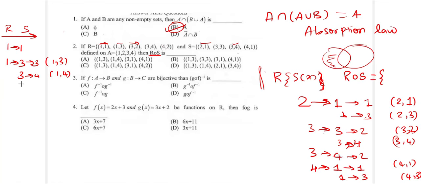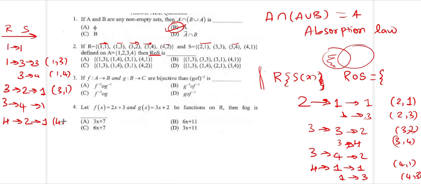Next moving, 3 is mapped with 2, 2 is mapped with 1. So 3 comma 1 is one combination. Next 3 is mapped with 4. What is 4 mapped with? 1. So 3 comma 1 is one more combination, but 3 comma 1 we already have. Next 4 is mapped with 2, and how about 2? 2 is mapped with 1.